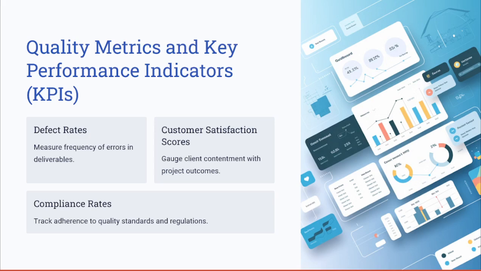So ensure that you define these quality metrics to define a measurable aspect of your deliverables. These examples of quality metrics depend on the project nature and the project type. So let's say in a software implementation, the defect rate would be one of these quality metrics.